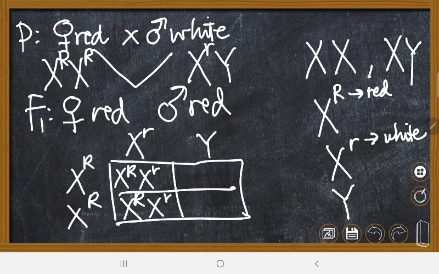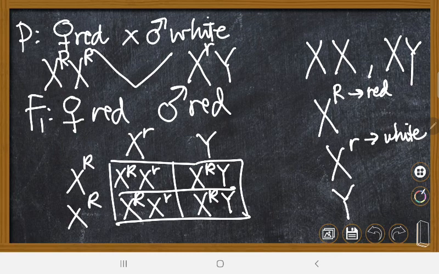So X big R, X small r. Same thing here sa baba, since homozygous naman si nanay. Okay? And then, dito sa kanan, X big R, Y, and X big R, Y. Okay? So we have two possible genotypes.